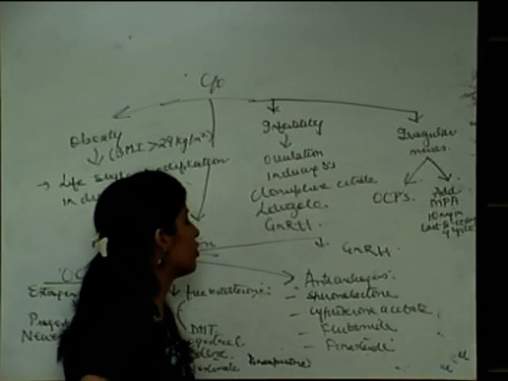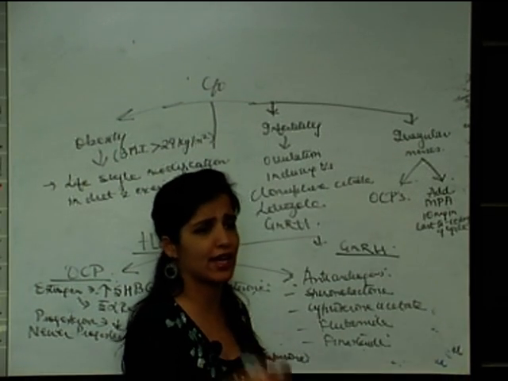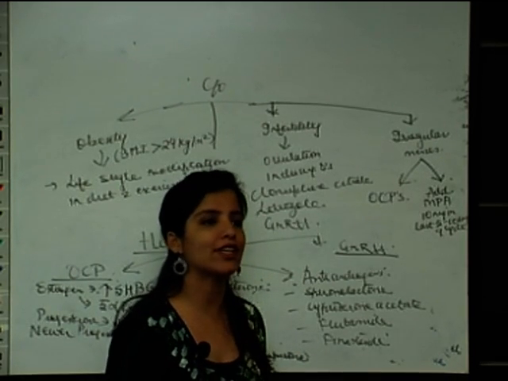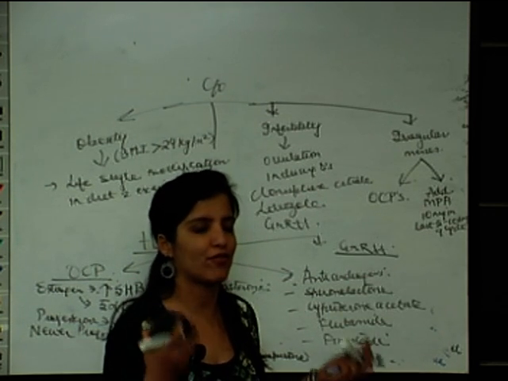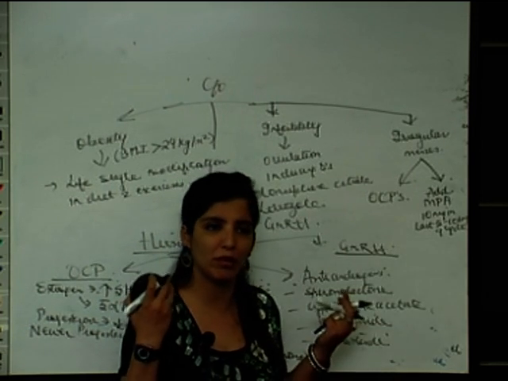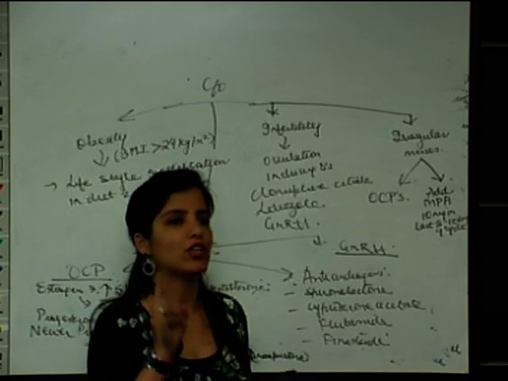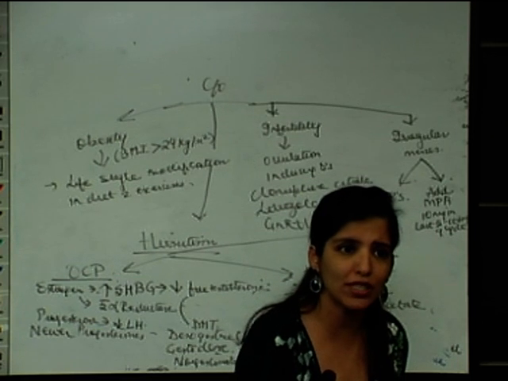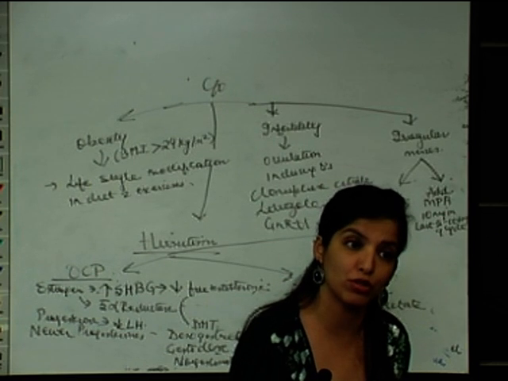The third category of drugs which can be used is GnRH analogues. I've already discussed that whenever you are giving external GnRH, it leads to down regulation of LH and FSH. If LH, specifically, is decreased, the levels of androgens will be decreased, so the problem will be solved. But then, if you are giving GnRH for a very long time, not only will the levels of androgen decrease, because FSH will decrease, the levels of estrogen will also decrease.